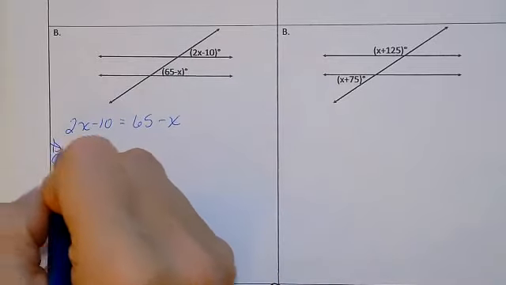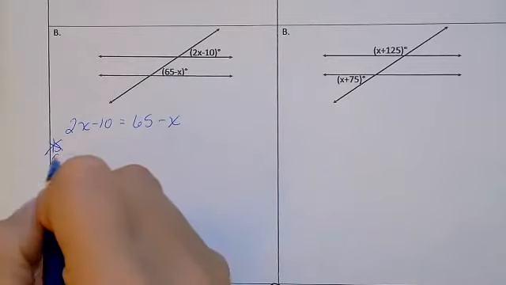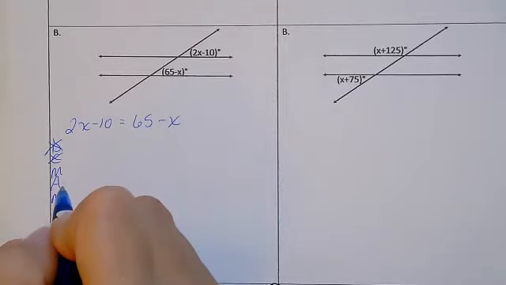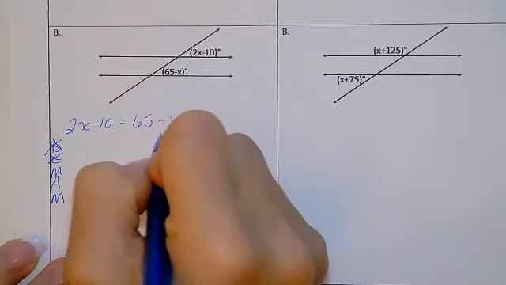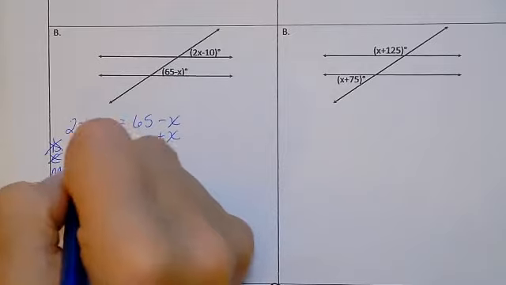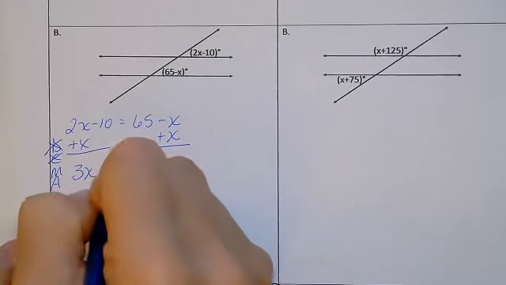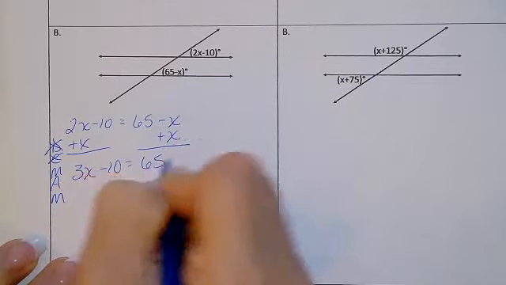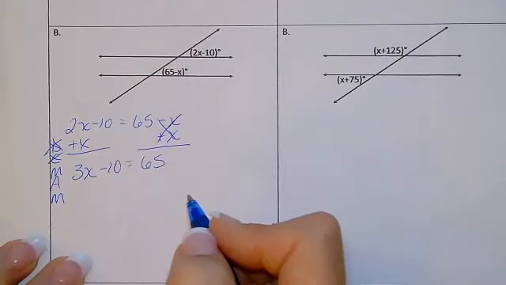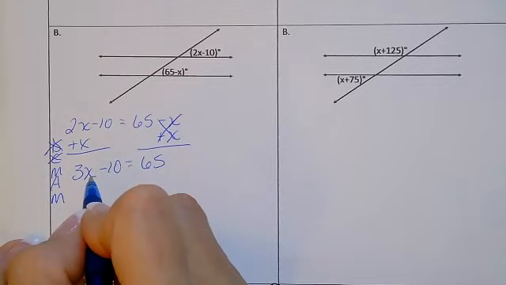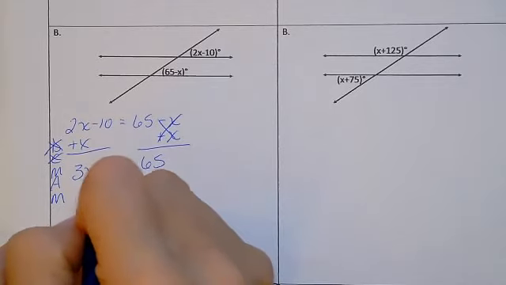Don't need to distribute. Don't need to combine. Do need to move, so I'm going to move x over here. 3x minus 10 equals 65. Okay, need x by himself, so now I'm going to move 10.